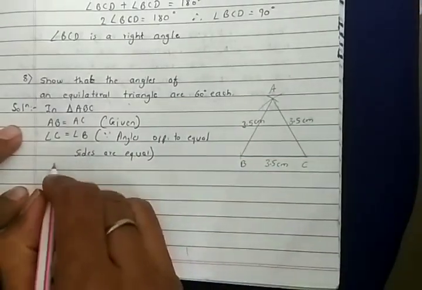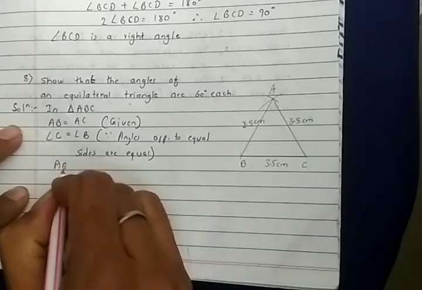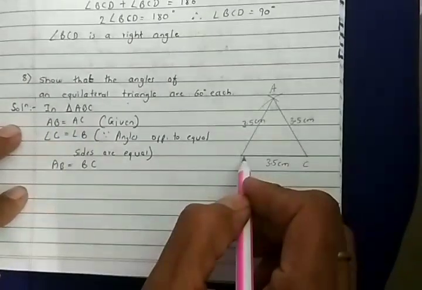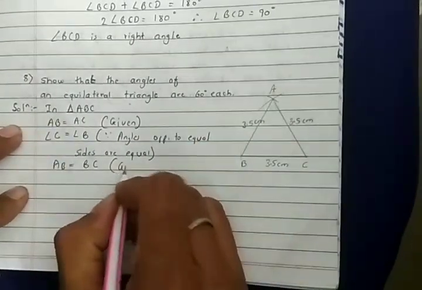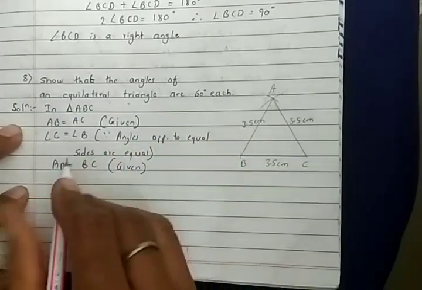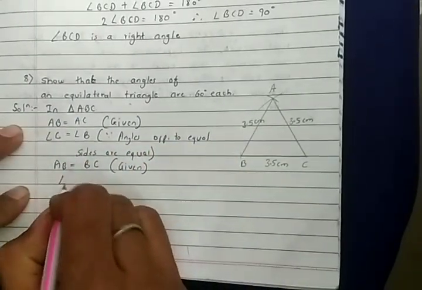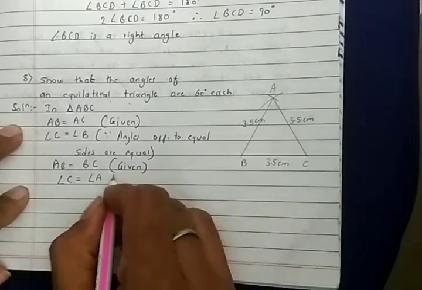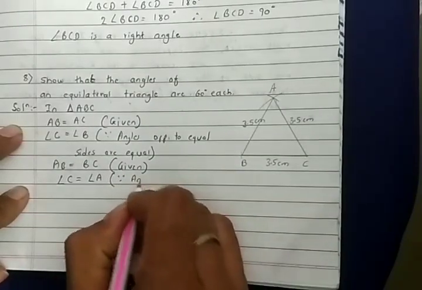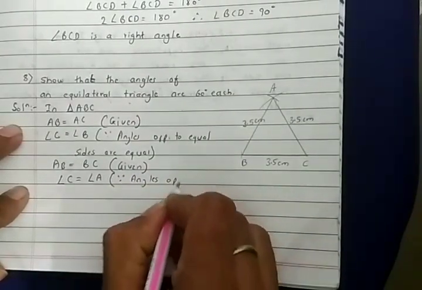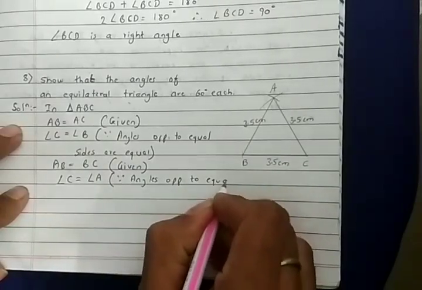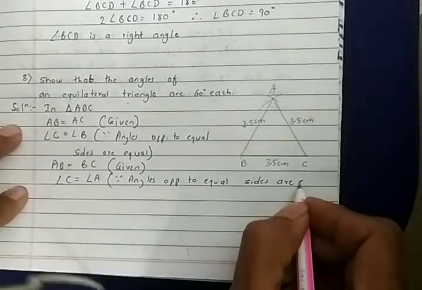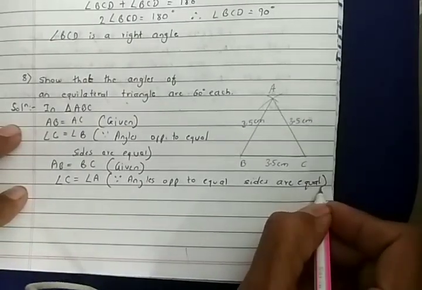And similarly, AB equal to BC. This is also given, right? So angle C will be equal to angle A, right? Same reason, because angles opposite to equal sides are equal. Okay?